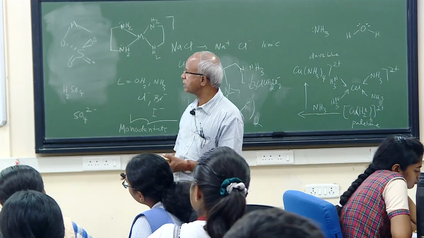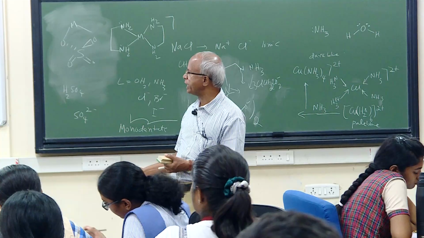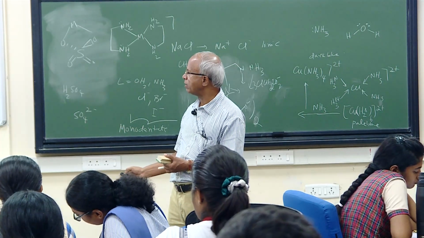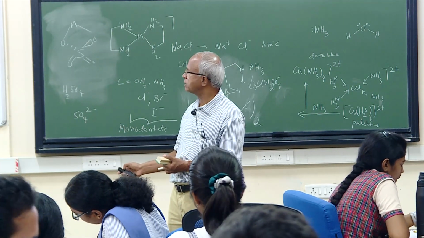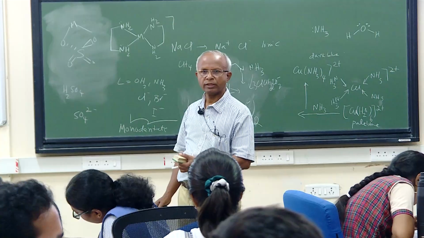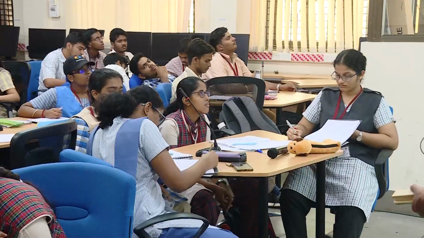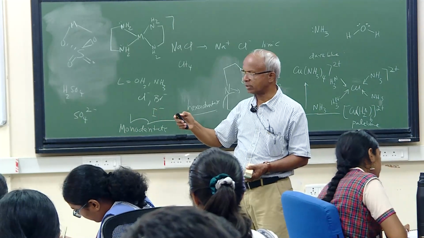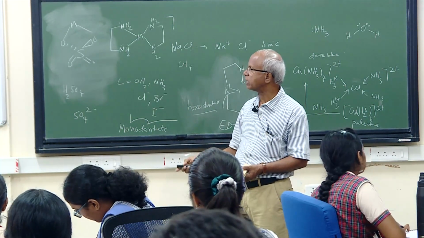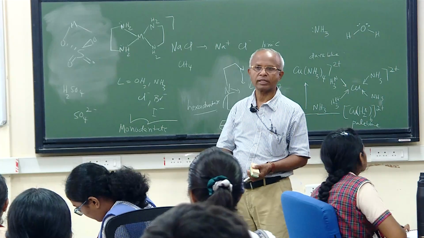Oxidation states are the same, but if you change one ammonia to chloride, colors are totally different. So if you understand crystal field theory, then you will be able to explain the reason for the change in color, which I will not go into because you will learn it in your 12th class.